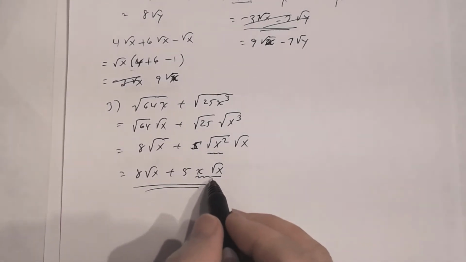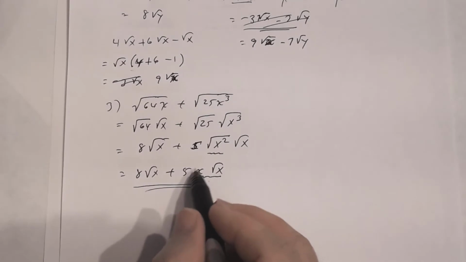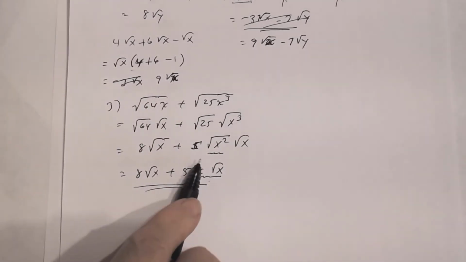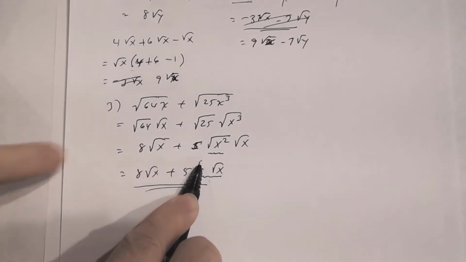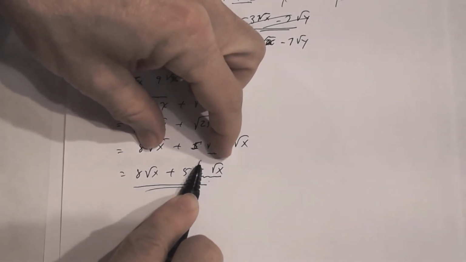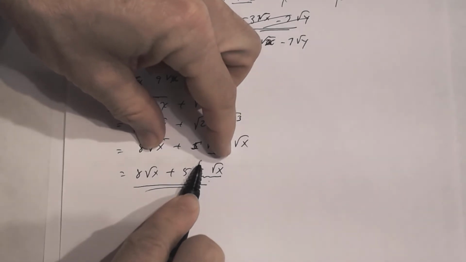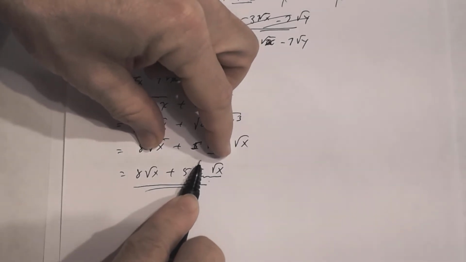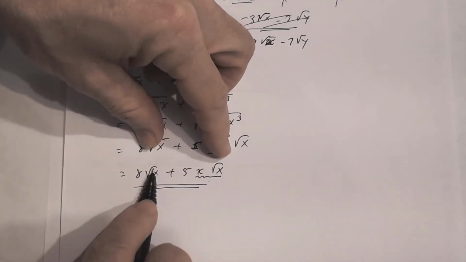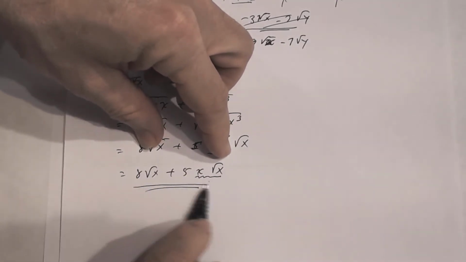So you have to look and see if there are any other factors of x besides that square root. If this x wasn't there, then yes, those would be like terms, so 8 square root of x plus 5 square root of x, you could combine. But the fact that you have a factor of x makes those not like terms. So you cannot do anything else.